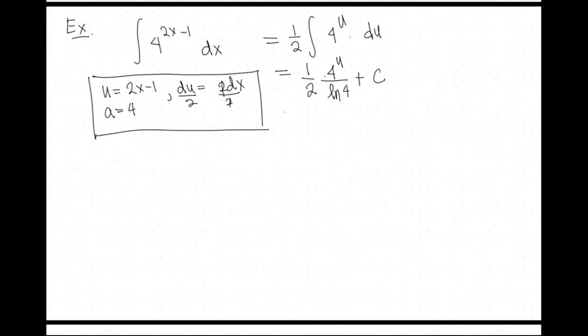And then go back to replace u with this function of x. So 1 over 2 ln of 4, and then 4 raised to 2x minus 1 plus c. Okay, easy.